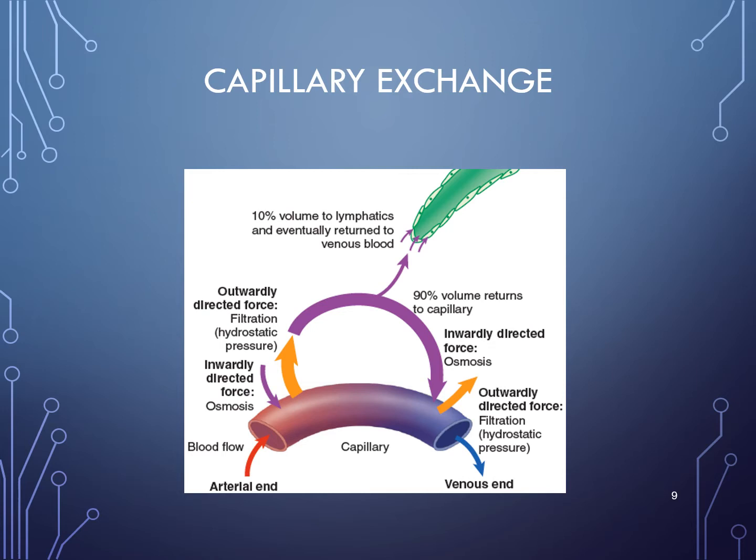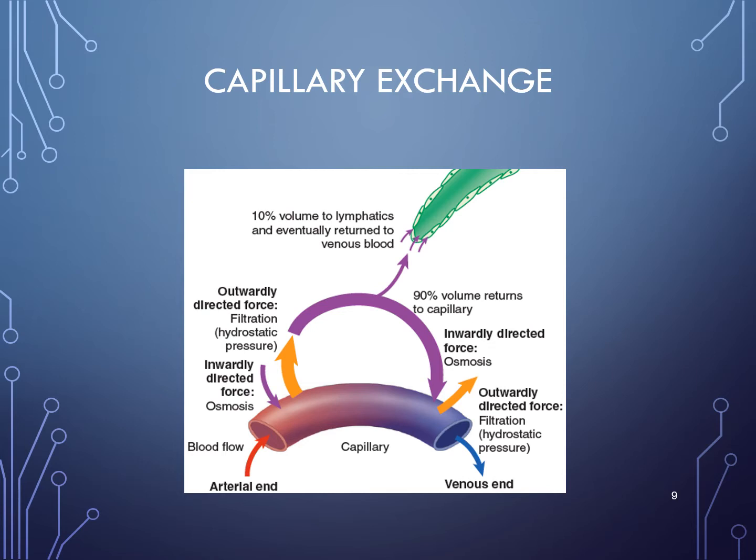So when we think about systemic circulation and we go from arteries to arterioles and then we branch into capillaries, there is an arterial end to the capillary and a venous end to the capillary. And movement of wastes and water and gases in and out of the capillaries is based on those pressures.